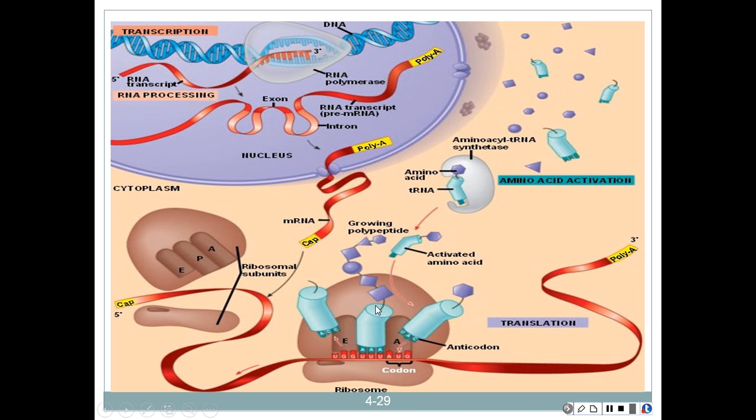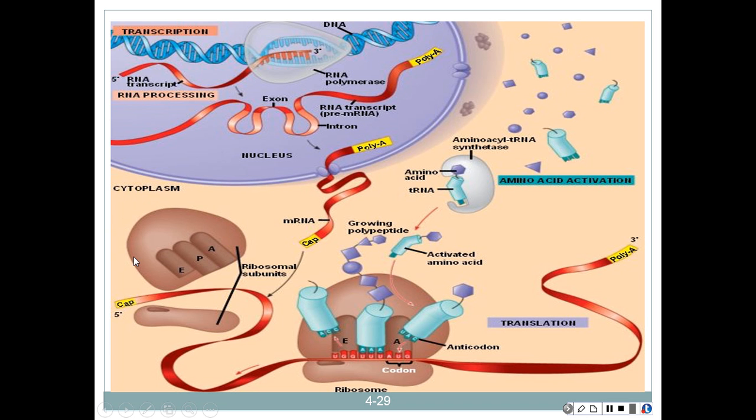Ribosome, which consists of two subunits. It has a large subunit, which is the larger part here, and a small subunit. They're composed of RNA and several enzymes. Now the two subunits come together.